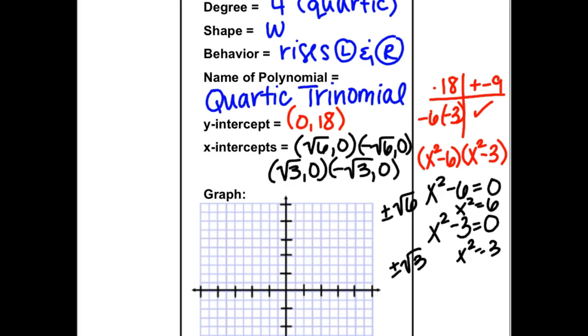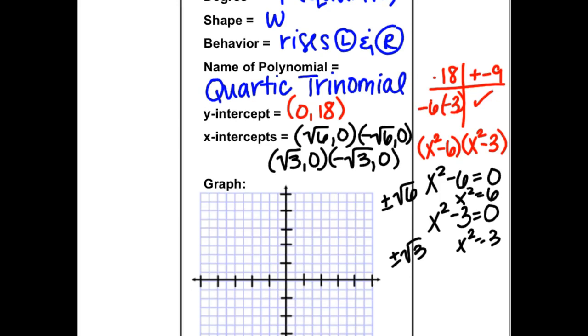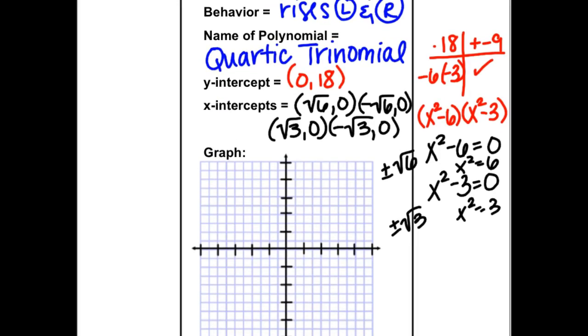For those of you going, oh my gosh, how am I going to graph those? Remember, square root of 6 is approximately equal to 2.4, so we're going to call it 2.5 just to make our lives easier. And square root of 3 is approximately equal to 1.75.